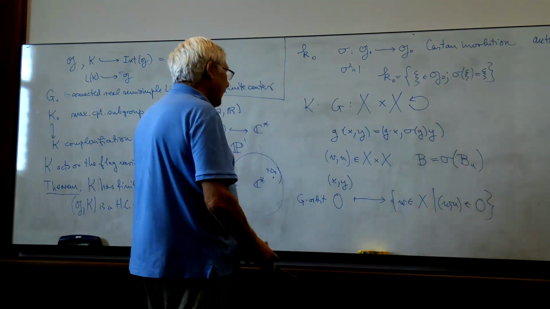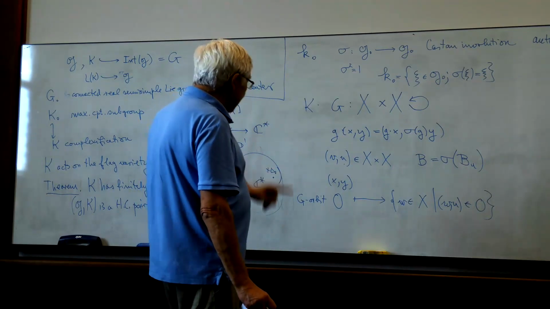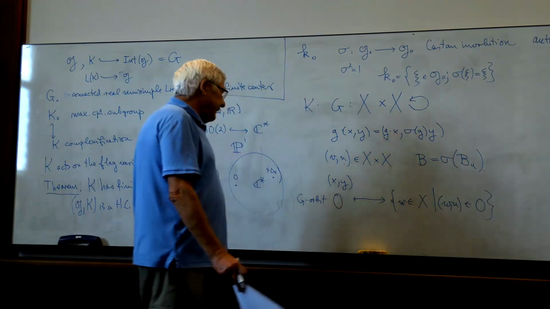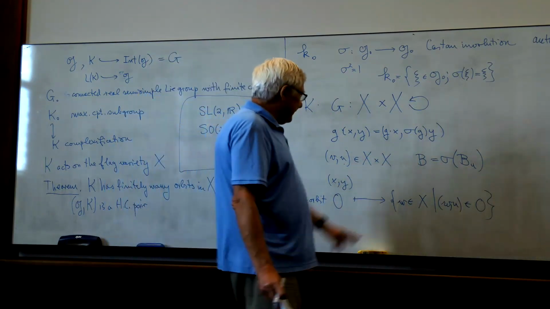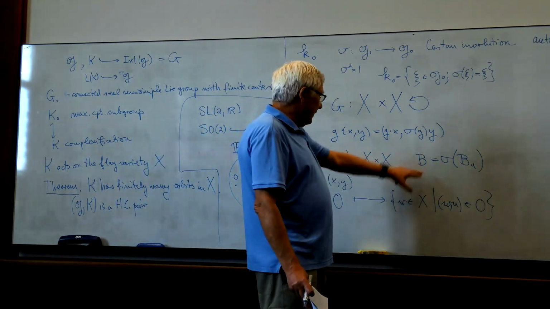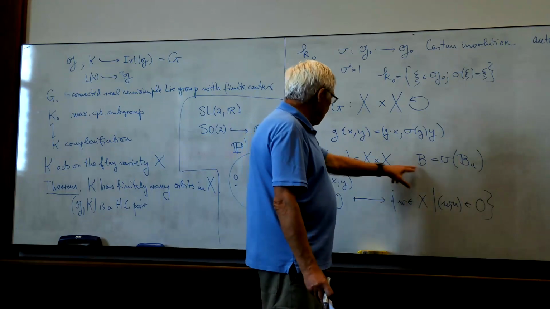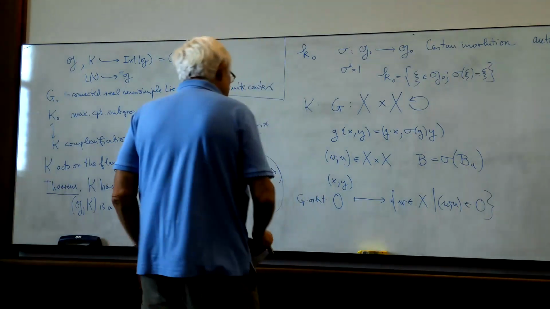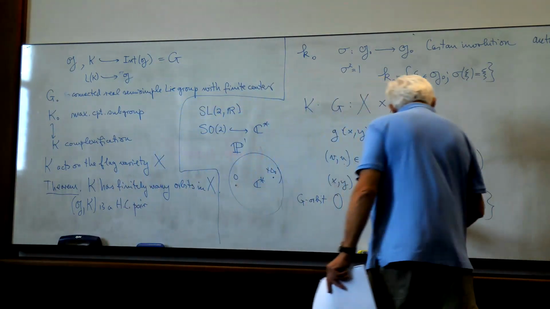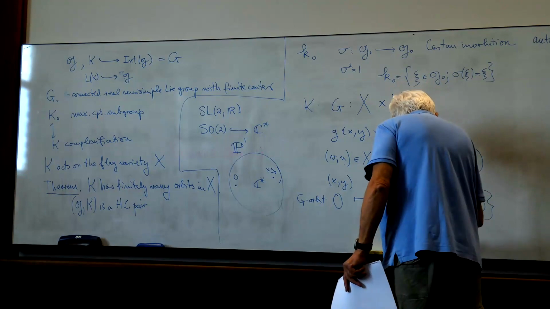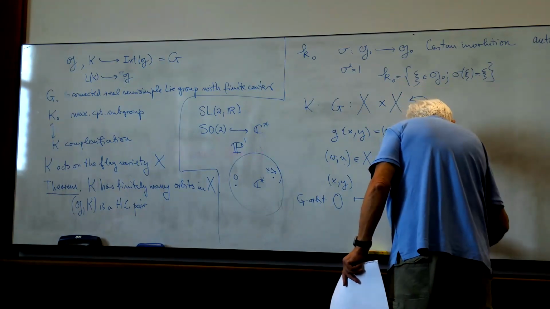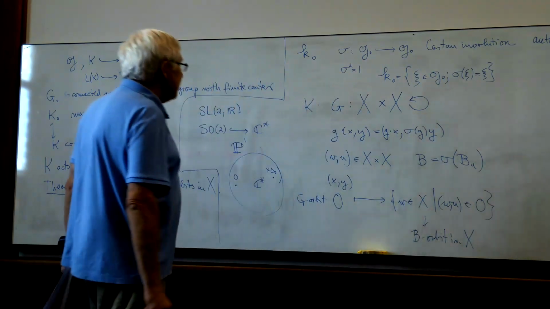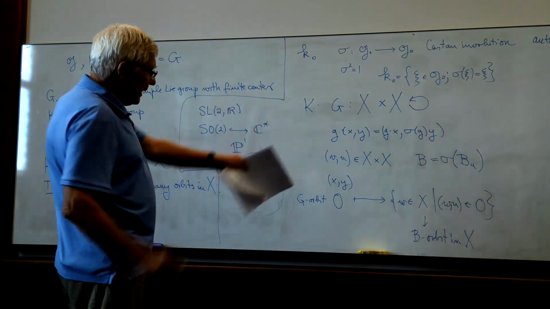So since the stabilizer of U is this P, we see that these W's are in a B orbit in X. So this is a B orbit in X.